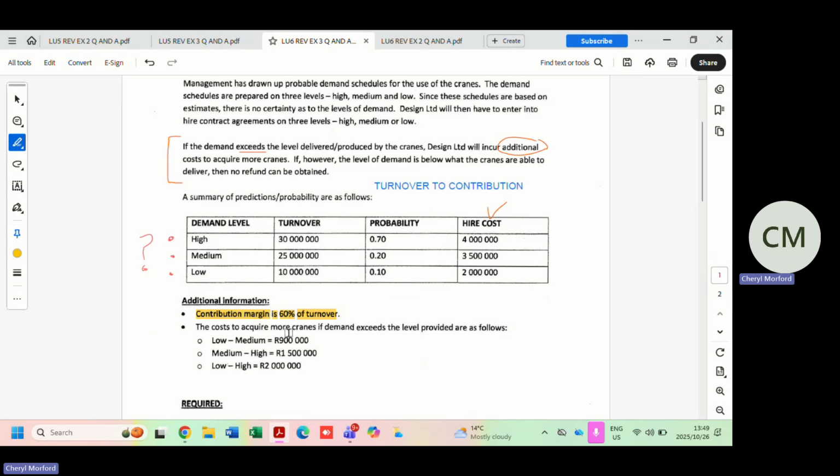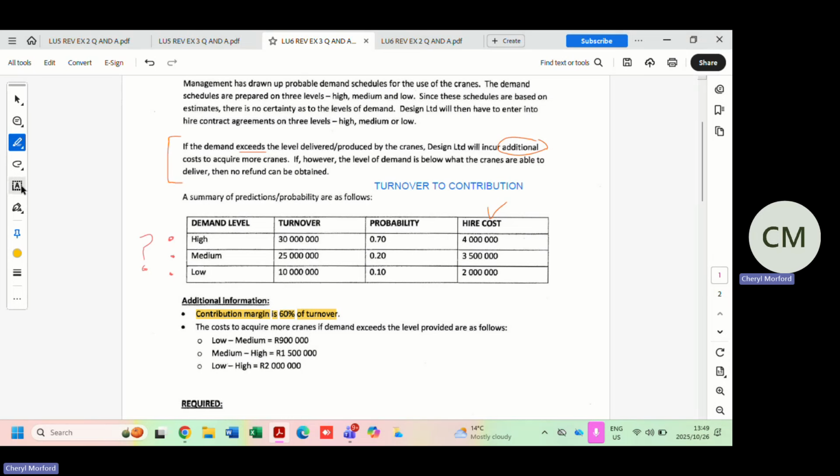So if we know that the contribution margin is 60% of turnover, very easy to find the amount of the contribution by finding 60% of turnover. Because we don't have information here to go the usual way. So we don't have selling price, we don't have variable cost, so we can't get contribution that way. But by seeing the given contribution margin percentage or marginal income ratio, if you remember how we did that in the previous recordings, then we can go from turnover to contribution.